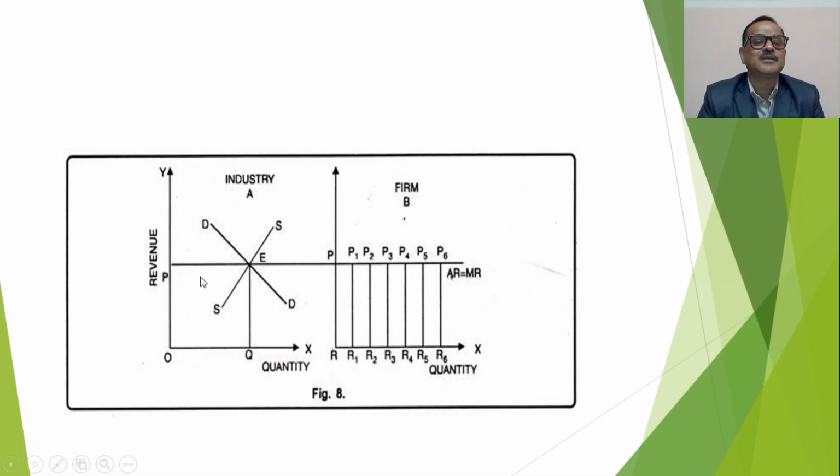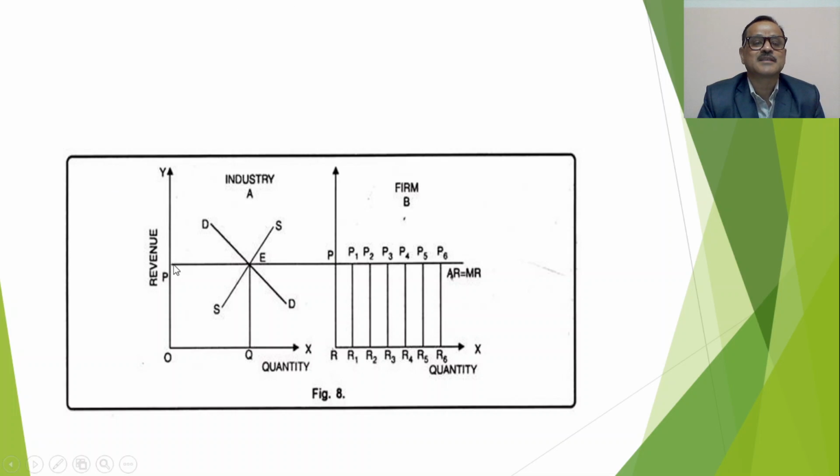And industry demand curve slopes downward from left to right, and industry supply curve moves upward from left to right. When these two curves intersect, this is the industry price. So price in perfect competition is determined by the industry, determined by the market, and that market price, suppose 5 in our example, is the price set by the market.